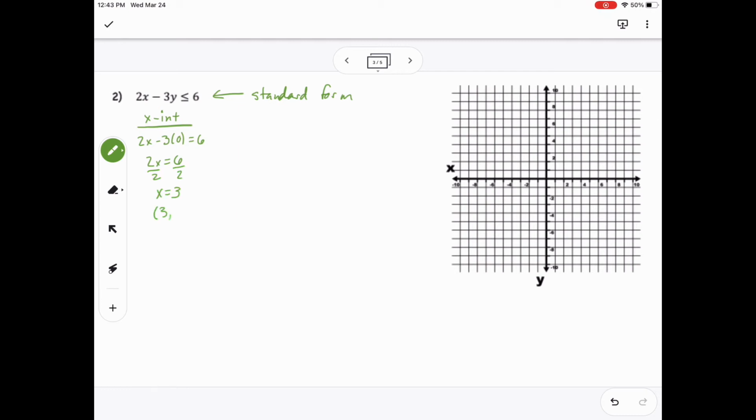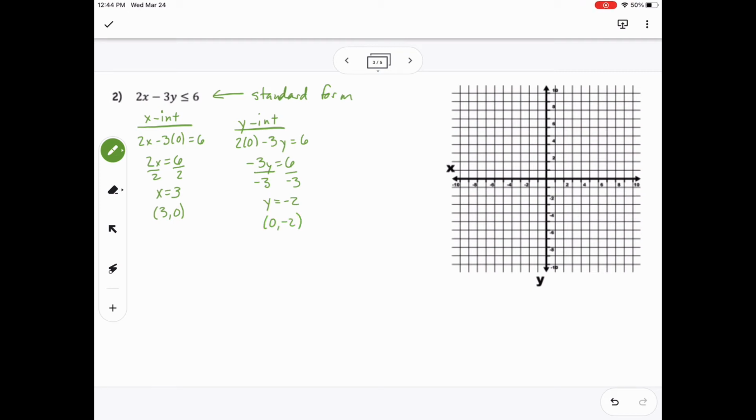So that gets me 3, so our x-intercept would be 3, 0. We'll do the same for the y-intercept, except we'll plug in 0 for x to find the y. That'll get me y equals -2, so our ordered pair would be 0, -2.